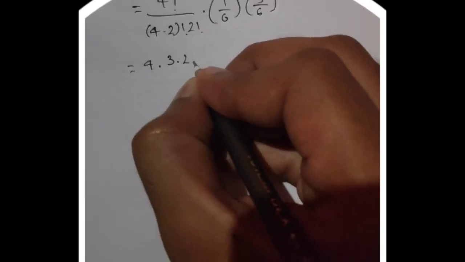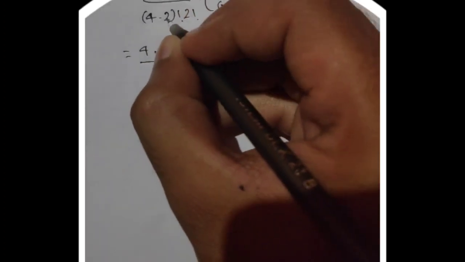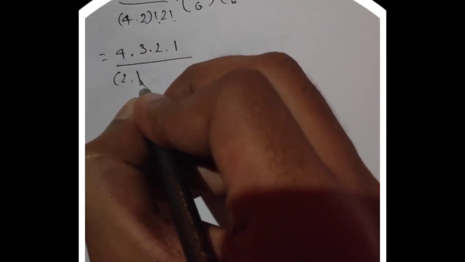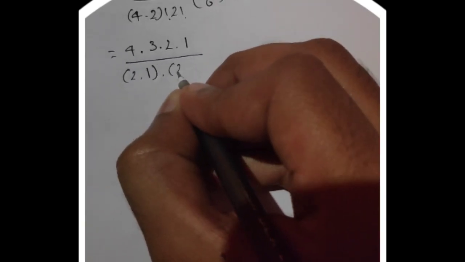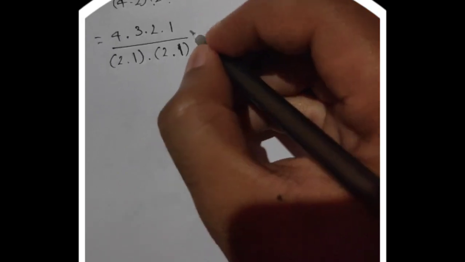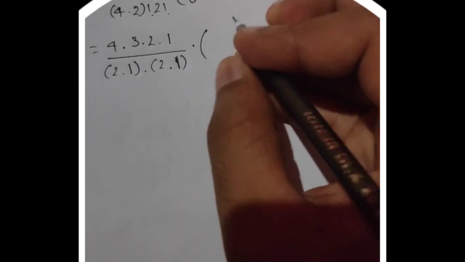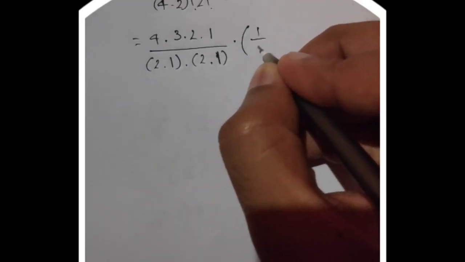So this becomes 4 into 3 into 2 into 1, and since it becomes 2 factorial, the rest is 2 into 1 and 2 into 1, since that is the factorial of 2, and the rest is still the same.